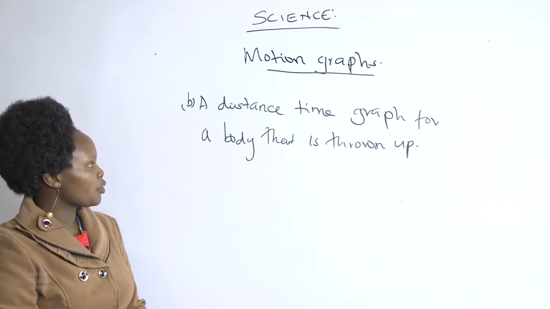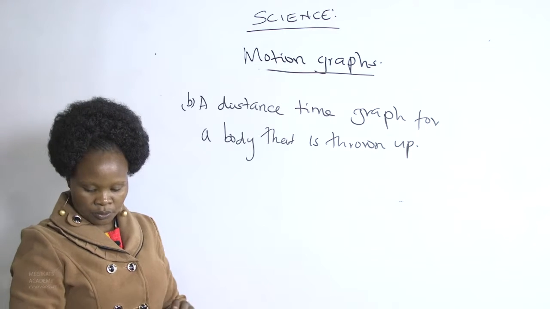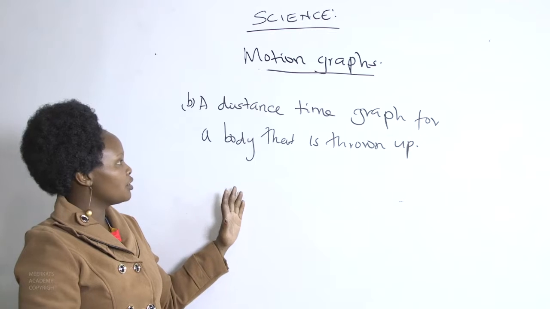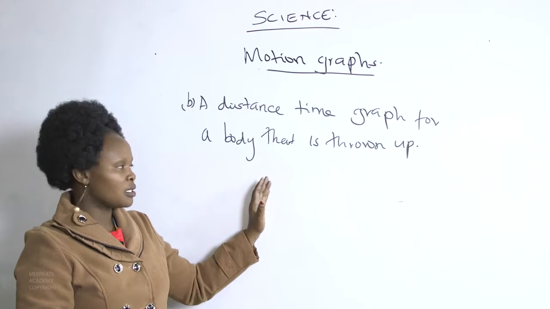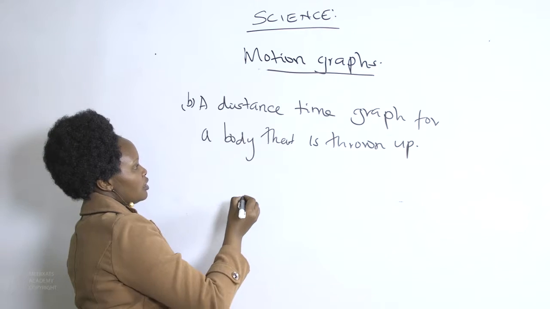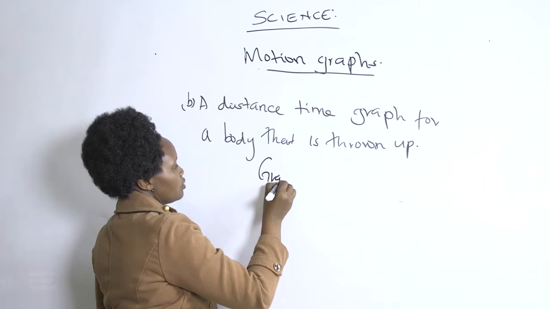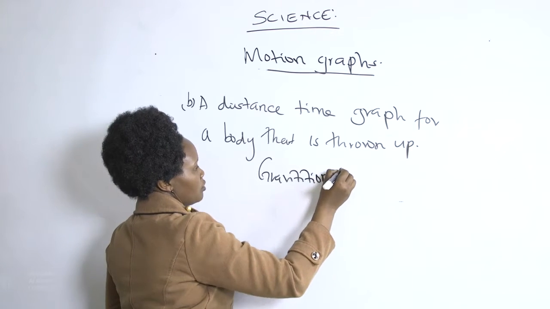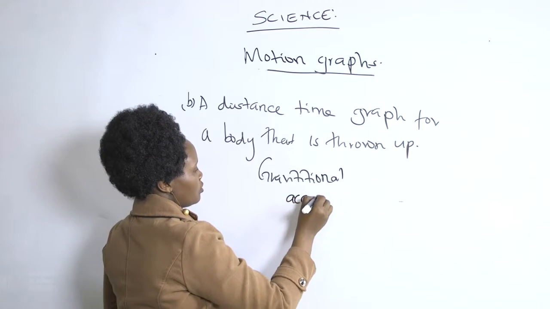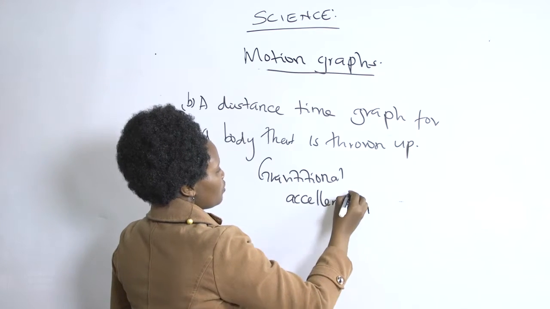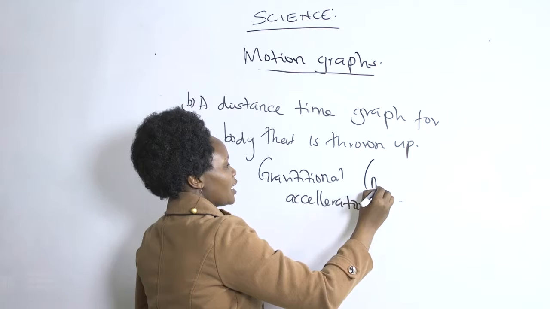Again, here we have also vertical motion, where now a body is moving upwards. Therefore, the gravitational acceleration, though uniform, is negative.